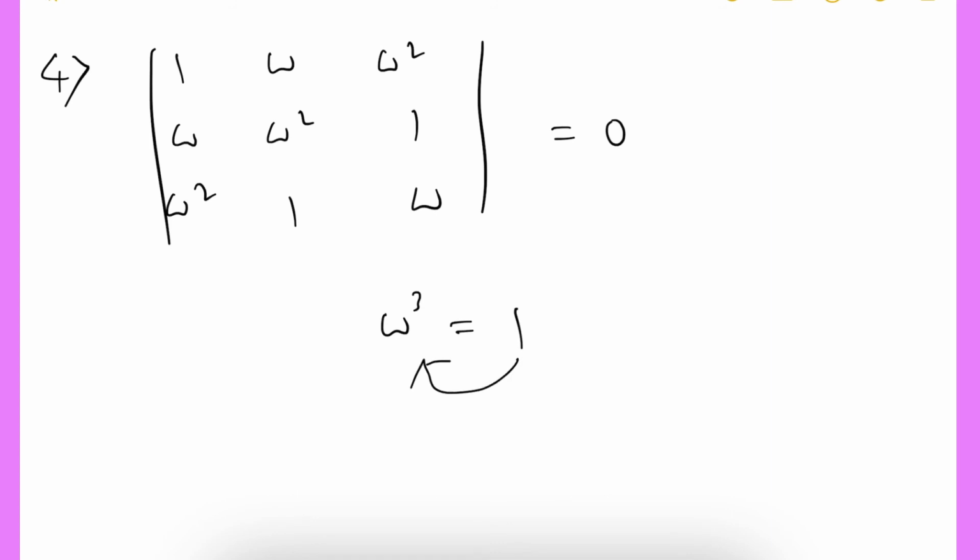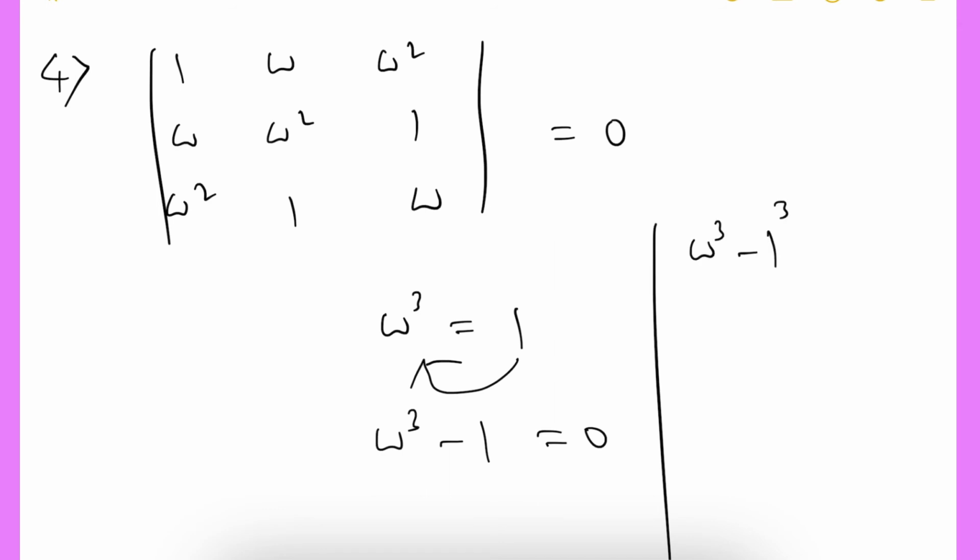Now this 1 I will take to the left side, then we get omega cube minus 1 equals 0. Omega cube as it is, minus 1 I will write as 1 cube, which is equal to 0. So now this omega cube minus 1 cube is nothing but the a cube minus b cube formula.